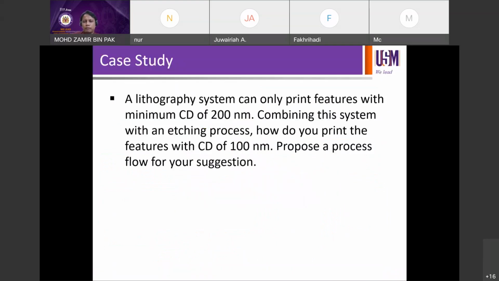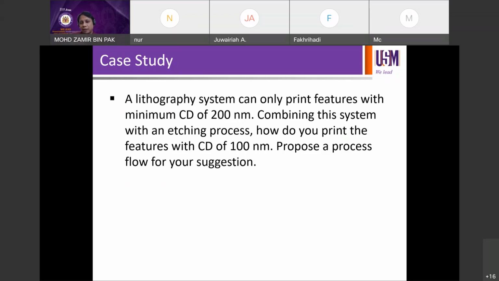I want you to go back and try to think of this question before I finish. You have a lithography system that can only print features with minimum CD of 200 nanometer, but you need to combine this capability with an etching process in order to print CD of 100 nanometer. Okay, sekarang kalau you guna litho je boleh print down to 200 saja, but you need to print 100.